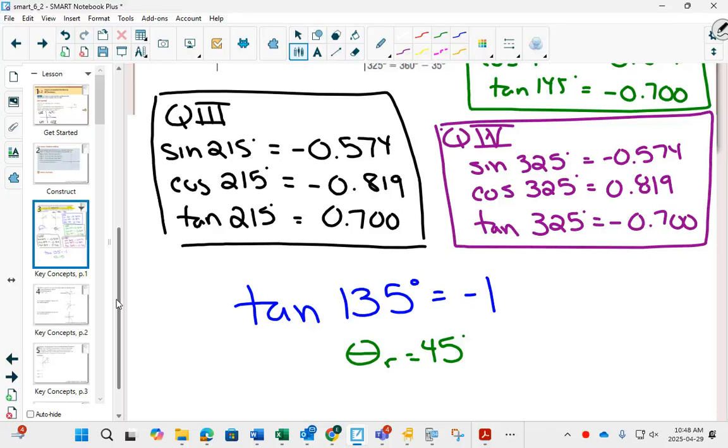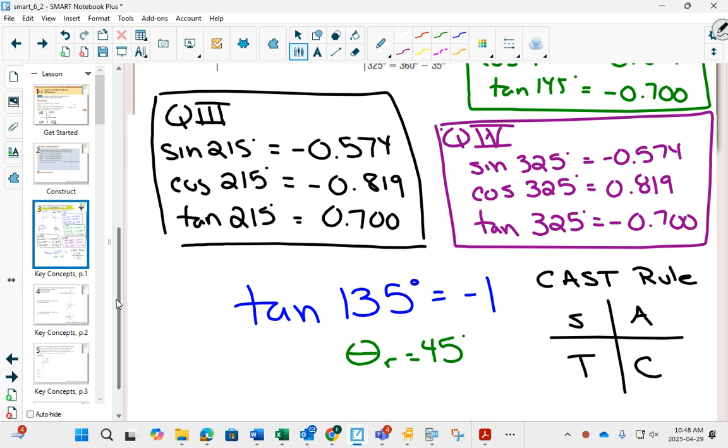And the easy way to remember is something called, I don't know if it's officially called this, probably has different names, the cast rule. It's called the cast rule because it spells the word cast.